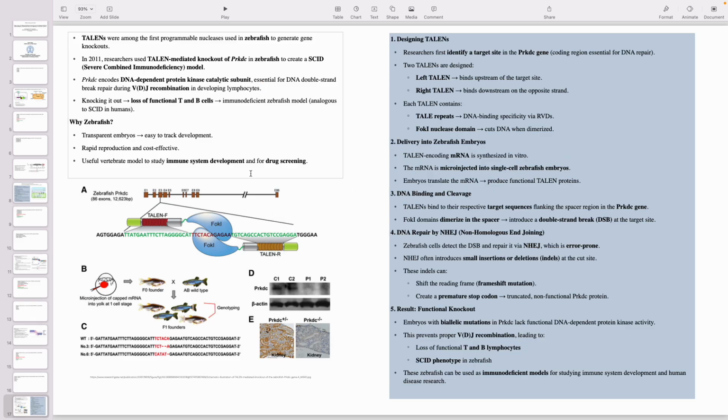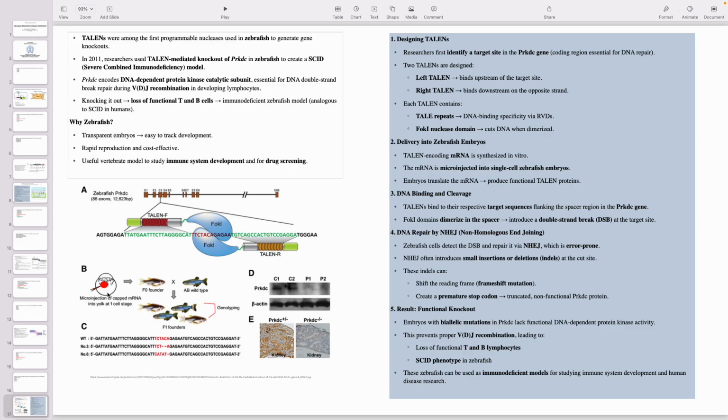After the formation of the TALEN protein, they were delivered into the zebrafish embryos. The TALEN-encoding mRNA is synthesized in vitro, and this mRNA is microinjected into single-cell zebrafish embryos.